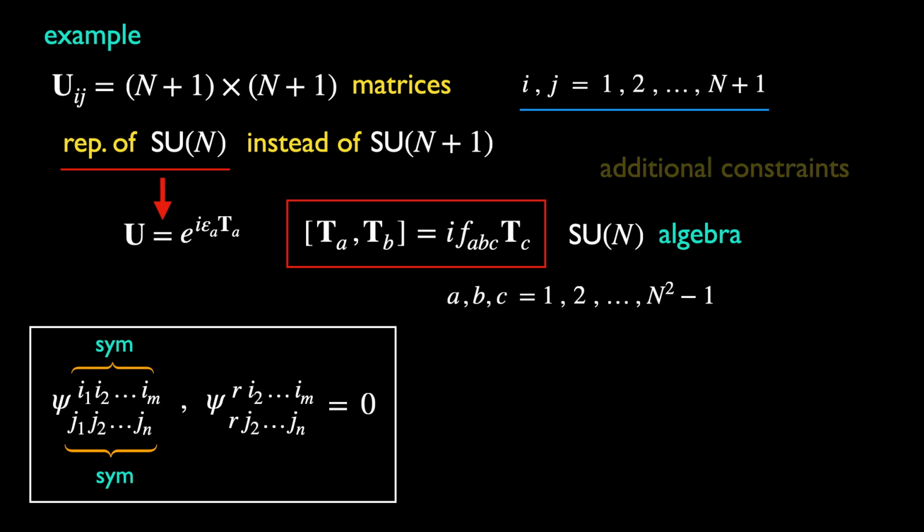These are additional constraints on U on top of its unitarity, such that U would reproduce the composition rules that characterize SU(N). This is what we meant by a representation of a symmetry group in the general sense. These additional constraints are precisely what we have mentioned earlier that would impede the ability of U to mix up the tensor components. And so, this tensor representation would no longer be irreducible.